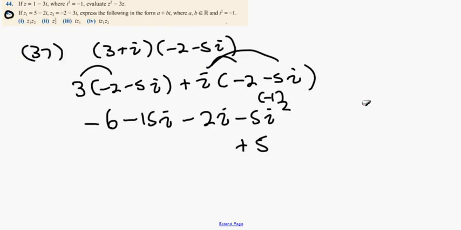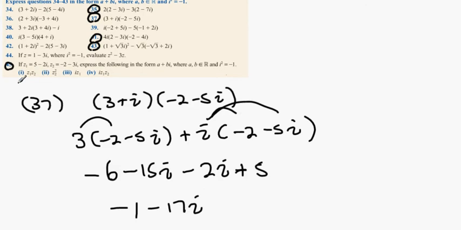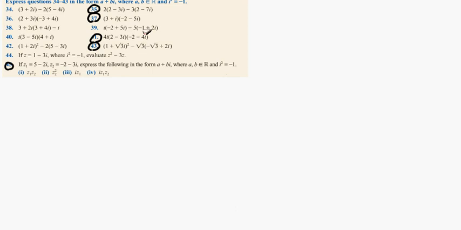So this whole thing is now going to be a plus 5. What we have next is −6 plus 5 is −1, and −15i minus 2i is −17i. Okay, now that we've done 37, we're now on 41.